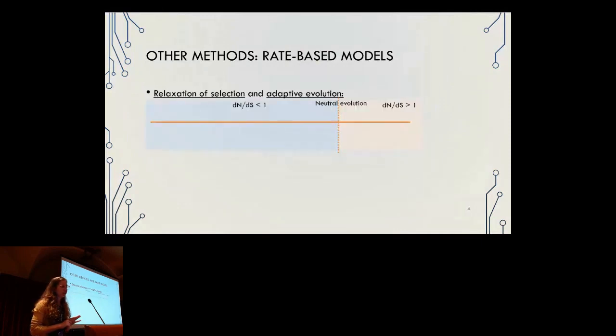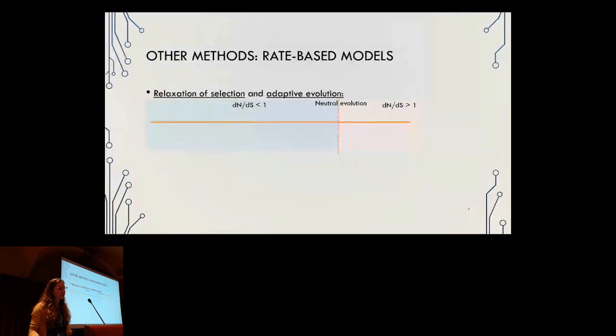Now that we're focusing on these selection models, one alternative model is rate-based methods. To understand these rate-based methods, it's important to understand the difference between relaxation of selection and adaptive evolution. I like to visualize this on a number line where the dotted line is neutral evolution, and to the left of the dotted line, we have negative selection or purifying selection.